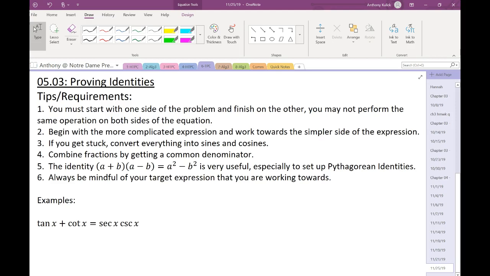We used an acronym to describe it. It was DOTS. That was the difference of two squares.